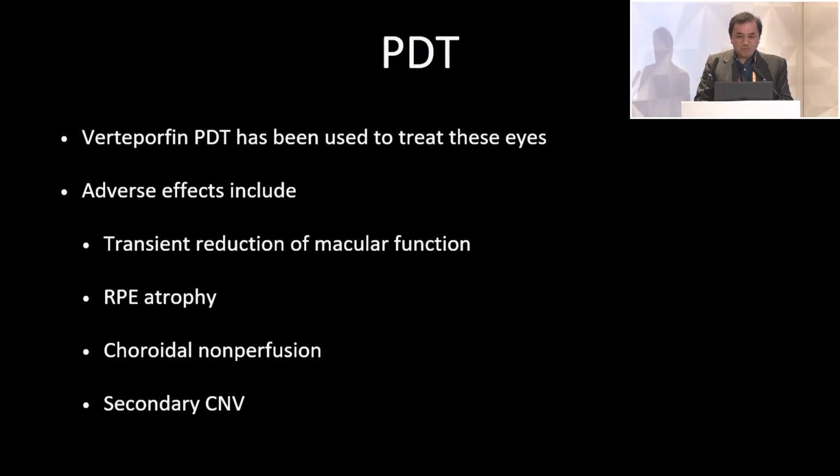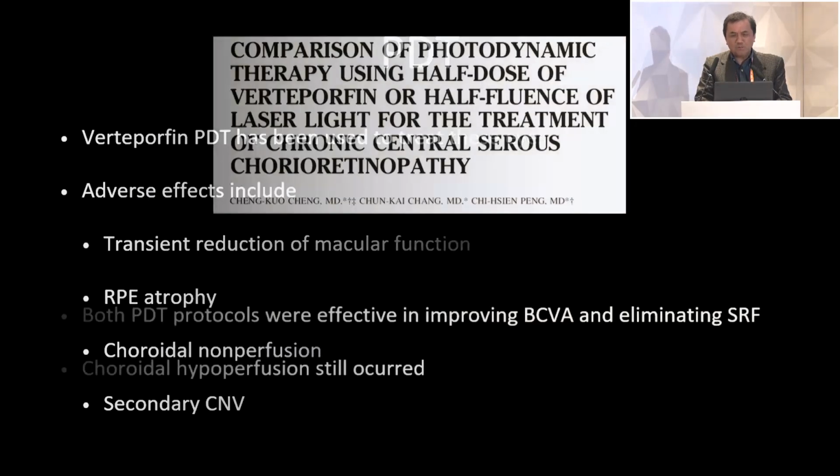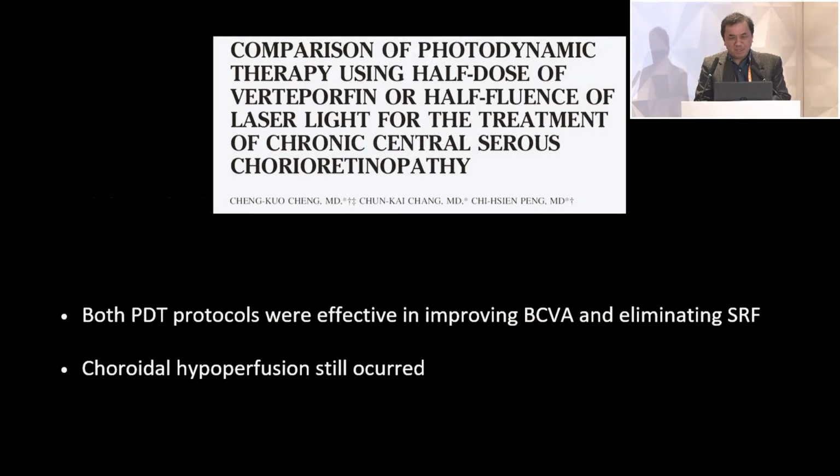So verteporfin PDT has adverse effects that include transient reduction of macular function, RPE atrophy, and choroidal non-perfusion, and that can lead to secondary CNV as well. So in order to reduce these complications, our friends from Taiwan decided, what will happen if we reduce the dose or the fluence with these eyes with CSCR?